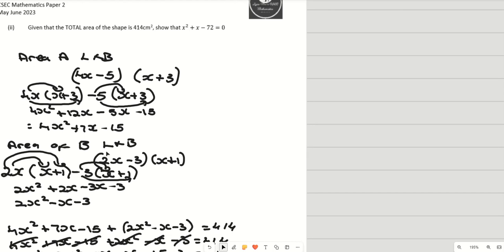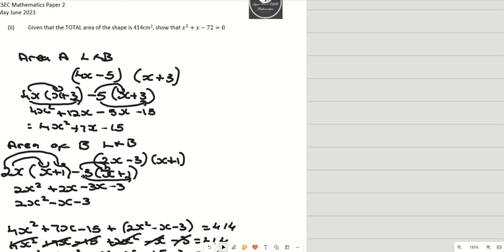You had to multiply. So when you're multiplying or expanding brackets, right, what we do is you take the first term in your bracket, and multiply by everything in your second bracket. And then you take your second term in your first bracket and multiply by everything in your second bracket. Right? So 2x by x plus 1, 2x by x is 2x squared, 2x by 1 is plus 2x, and minus 3 by x is minus 3x, and minus 3 by 1 is minus 3.